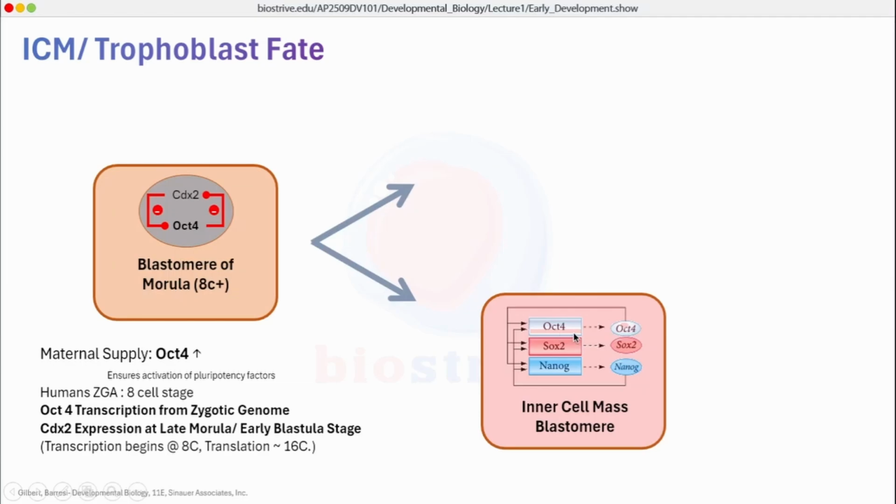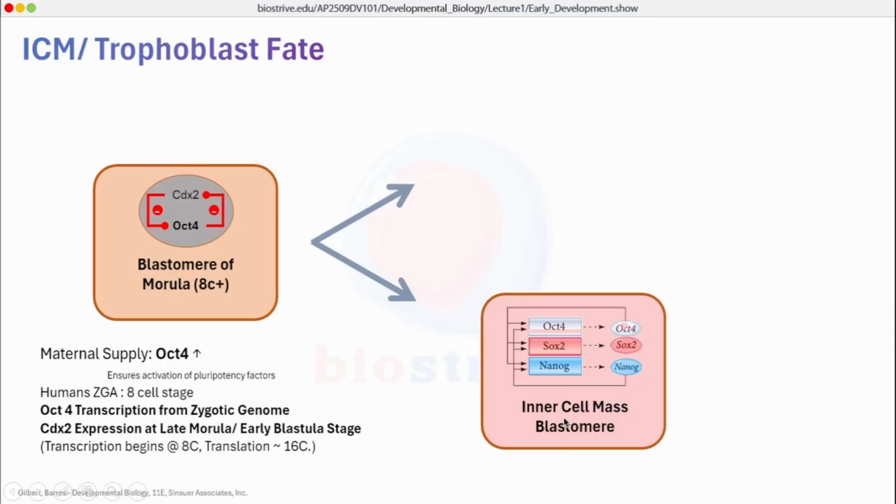Now this OCT4 expression will bring about the expression of two other genes, which are SOX2 and NANOG, and this OCT4 upregulates the expression of SOX2 and NANOG, and they upregulate expression of each other. So this OCT4 will decide the pluripotent fate of the inner cell mass blastomeres.